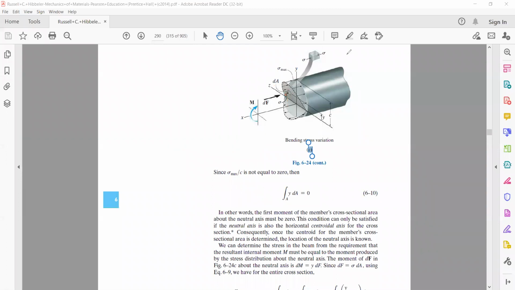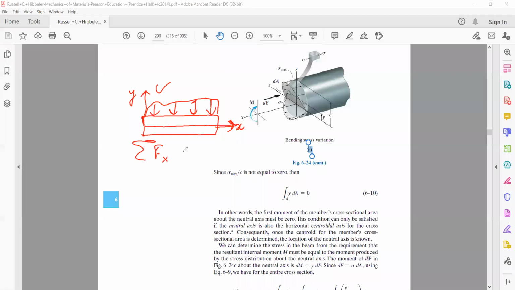Now, something very important for us: when we have a beam, and we treat this to be our x-axis and this our y-axis, and say this beam is loaded by some force, the external deforming force will be along the y-axis. The beam is not loaded along the x-axis. That is, the summation of all the forces acting on the beam along the x-axis is always equal to 0.